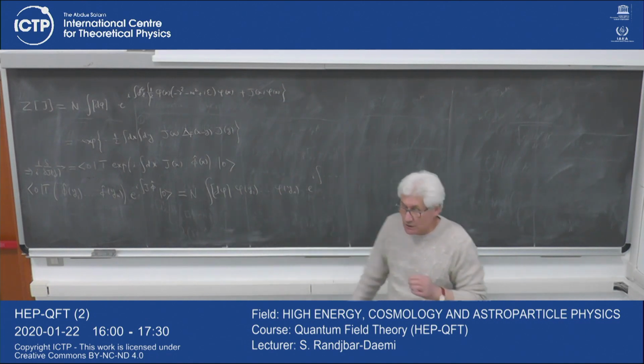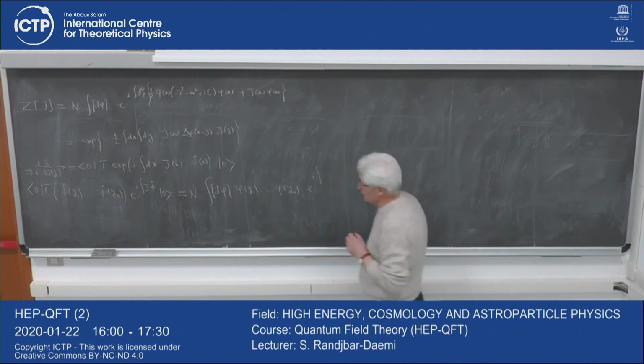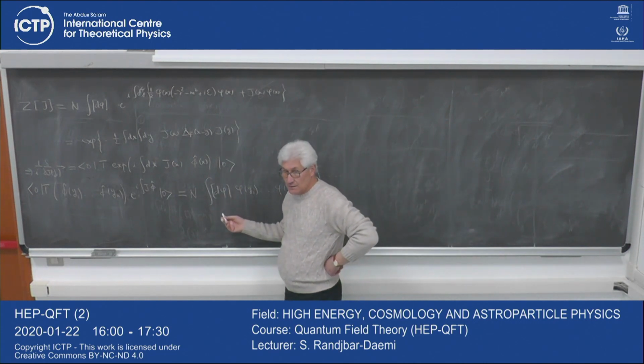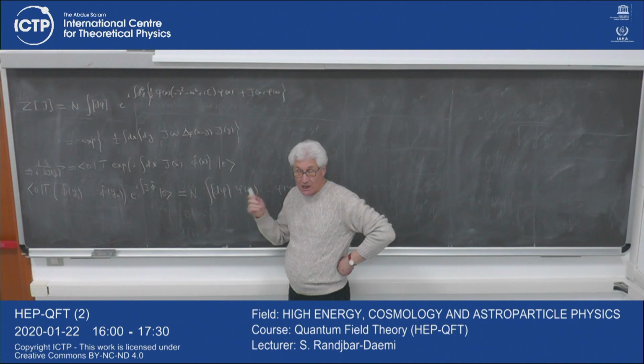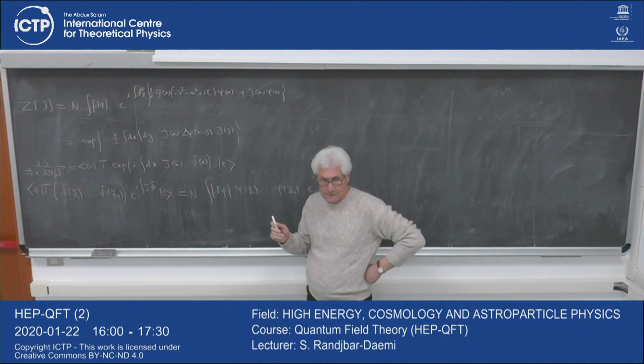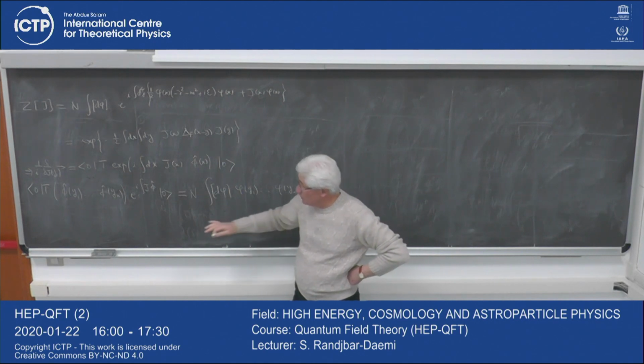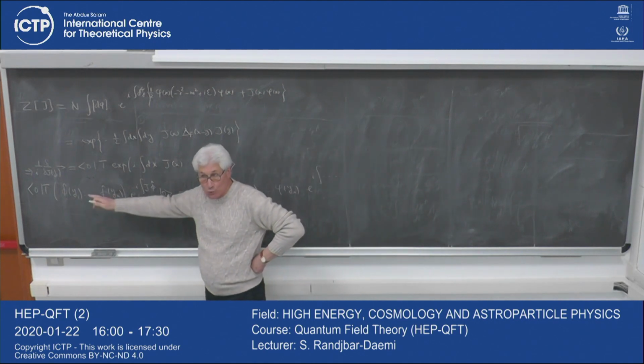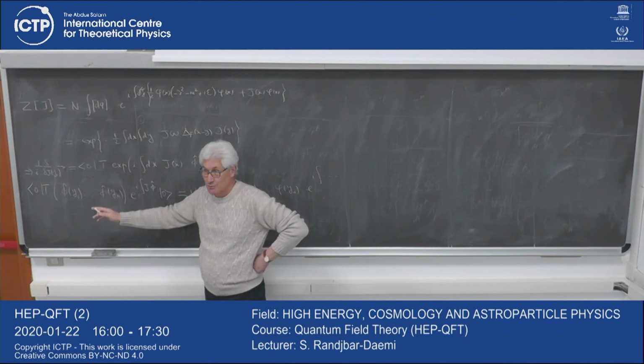Okay? So the conclusion is that the functional integral automatically produces the vacuum expectation value of the time-ordered product of operators. It doesn't produce just the vacuum expectation value of the product of the operators, but the time-ordered product of the operators. And there's a big difference between the product of operators and the time-ordered product of the operators.